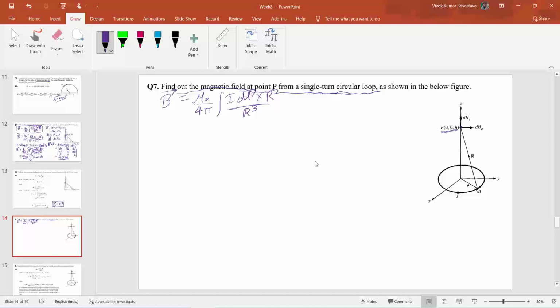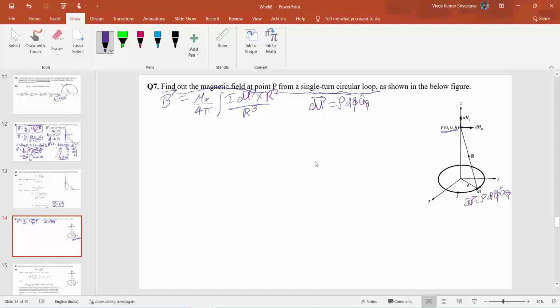Okay, so here the differential length is taken as dl is equal to rho d phi a phi. Okay, along this, so this will be equal to rho d phi a phi.